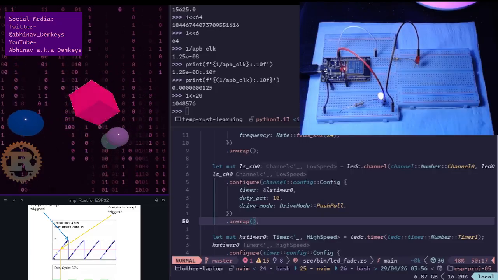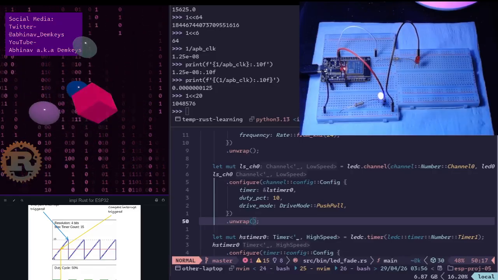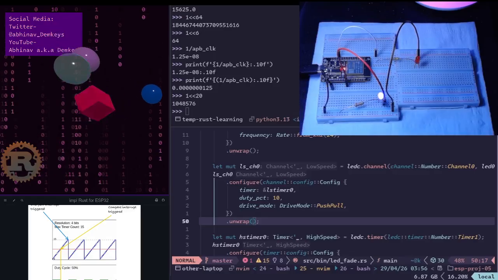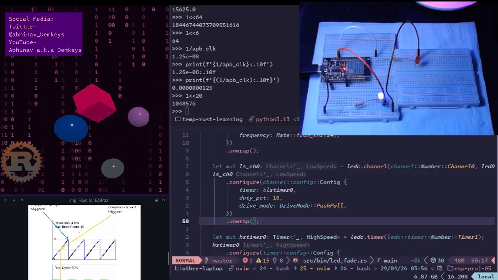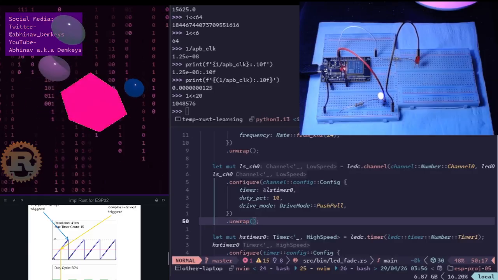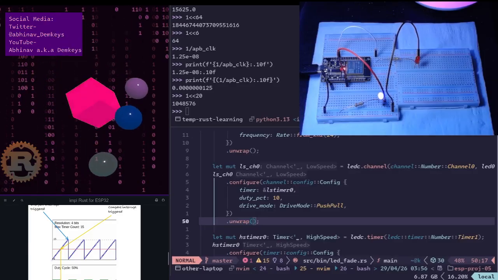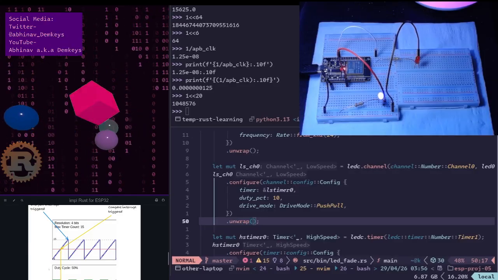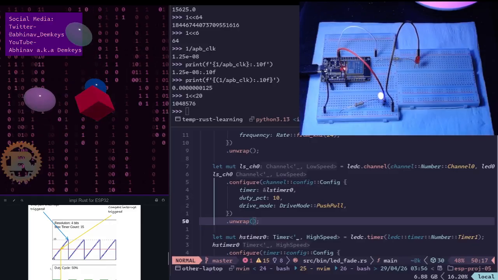If we went for the full 20-bit thing, we would be able to divide it down into that many steps. And in this diagram, you can see a 4-bit resolution. So we have 16 discrete steps for each period.